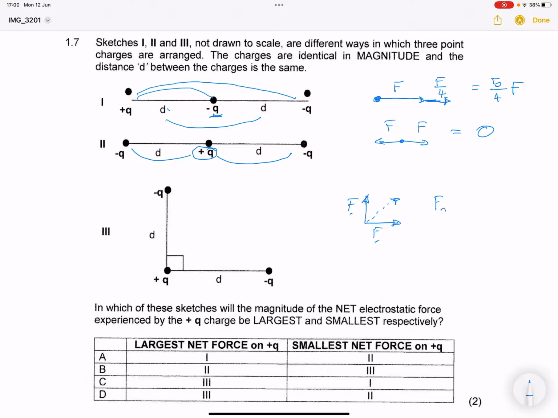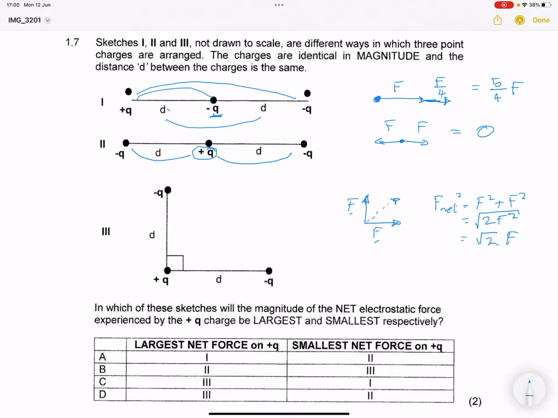So F net squared will be equal to F squared plus F squared, and that's 2F squared.